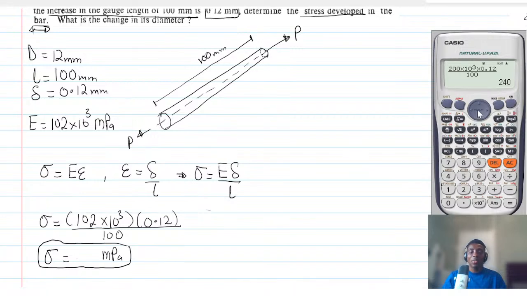So it's actually 102. So the answer is 122.4.